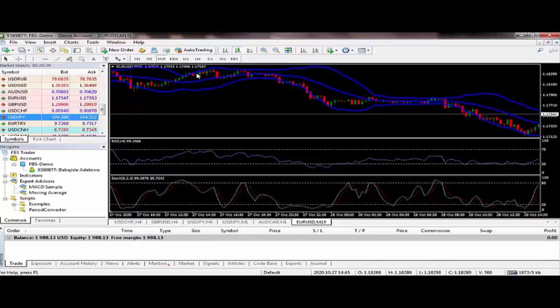This is upper Bollinger, like a resistance, and this is a support. So if you see this happening at the upper Bollinger and you see this also happening, the market will definitely move back into the Bollinger Bands. So that is a strategy, a stochastic with Bollinger Band.